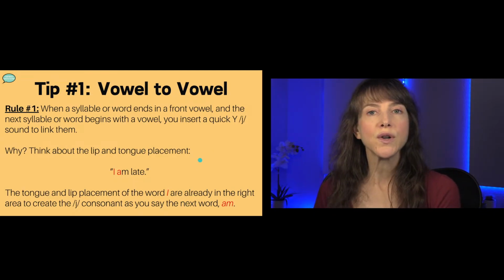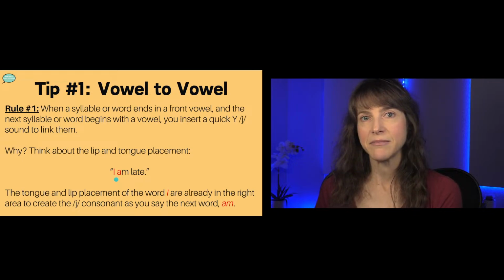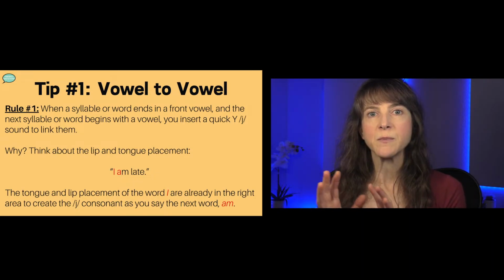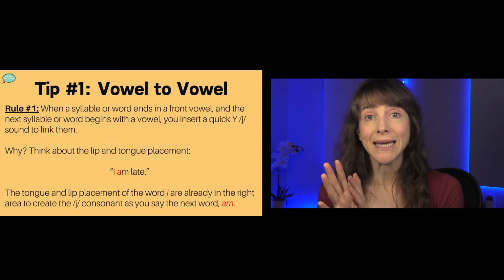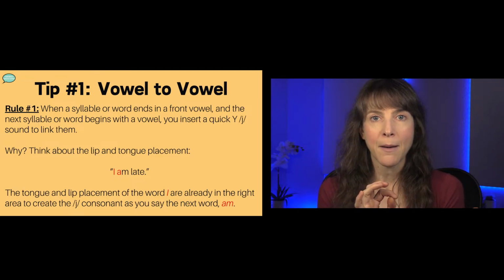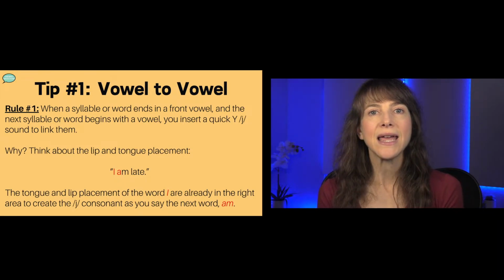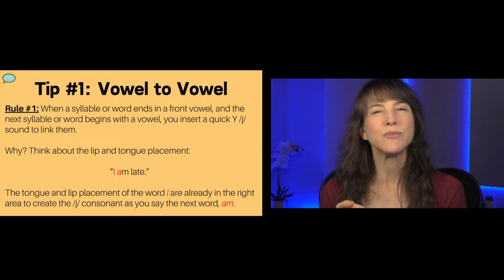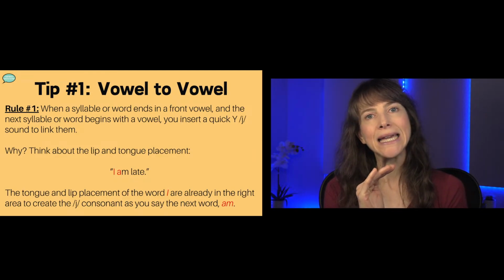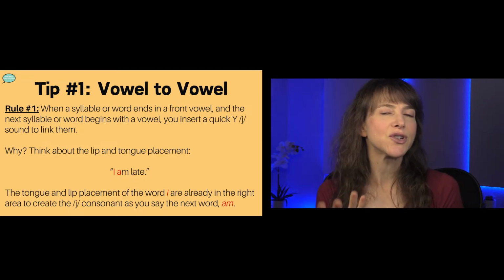So here's your example, I am late. And I've highlighted in red the target linking area that we're focused on. It's linking between the word I, which is the vowel I, and the word am, which begins with the a vowel. I am. Just say that a little slowly and feel, what's your tongue doing? At the end of I, where is your tongue in your mouth?